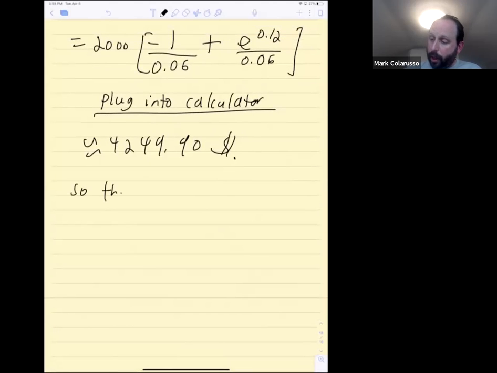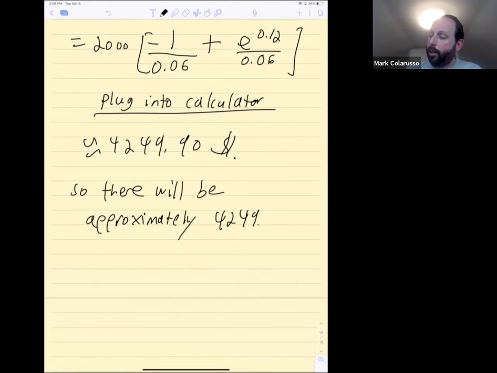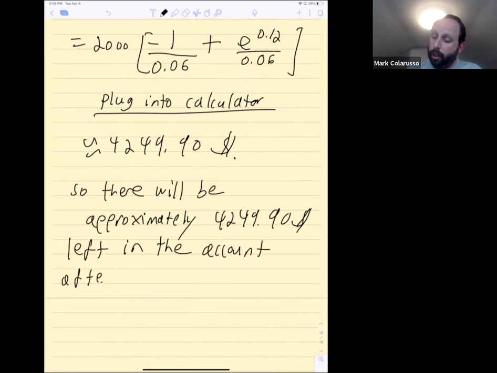So there will be approximately $4,249.90 in the account after 2 years, as long as you're not taking money out.